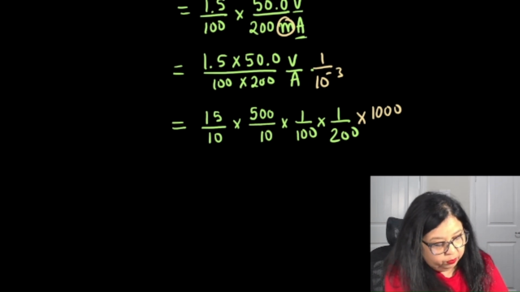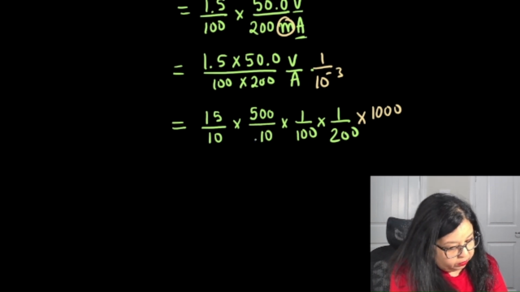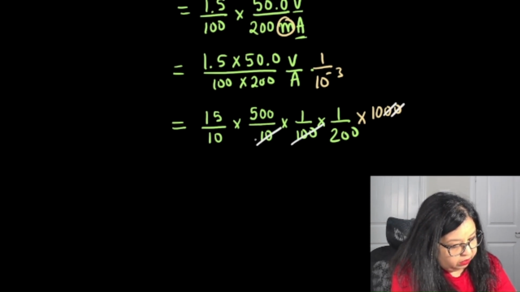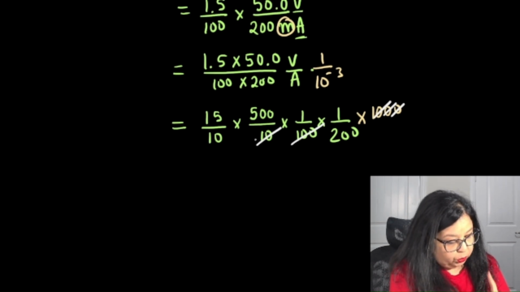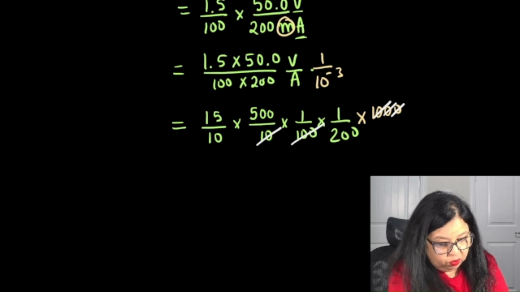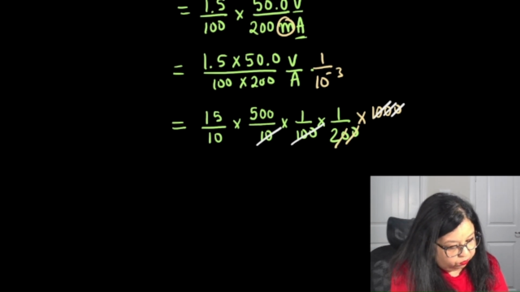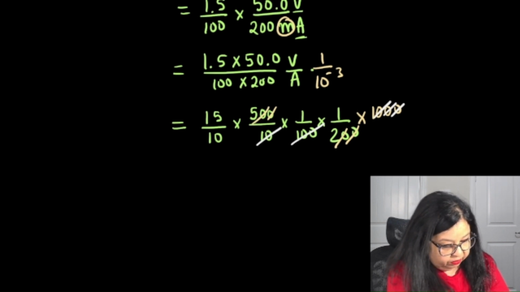What do we have now? Okay, let's see. This 100 and this 10. These 3 zeros cancel out, 3 zeros of the 1000. 200 has 2 zeros. Let's go ahead and cancel out these 2 zeros with 2 zeros of the 500. What do we have next?